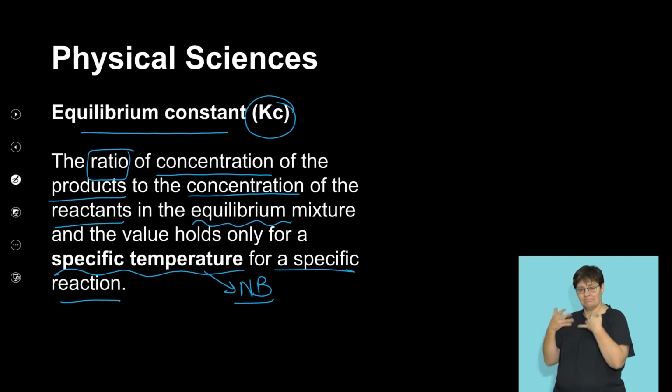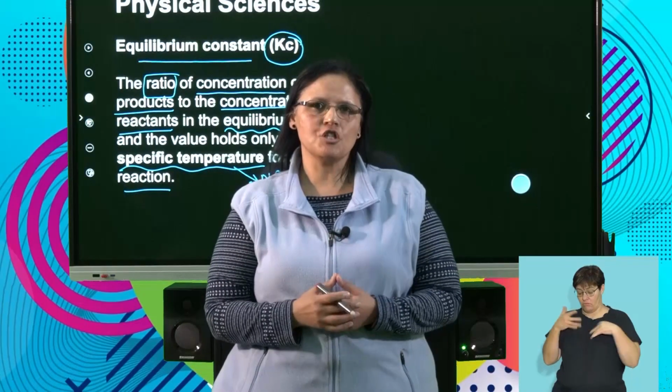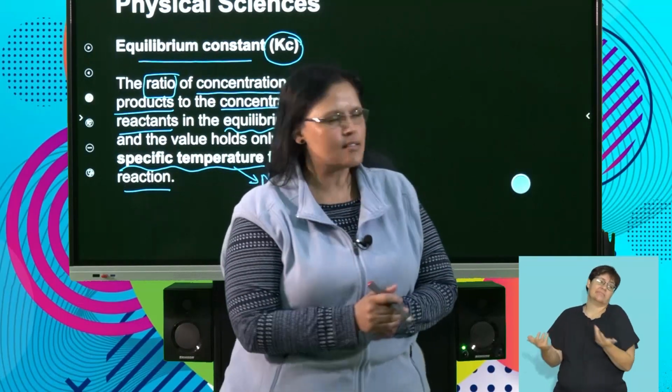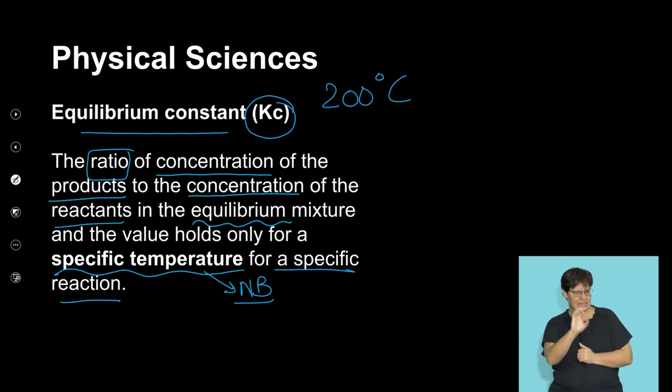So what do we actually say there? Say, for instance, we have a reaction happening at 200 degrees Celsius, and we find that Kc has a value for that specific reaction at 200 degrees Celsius.